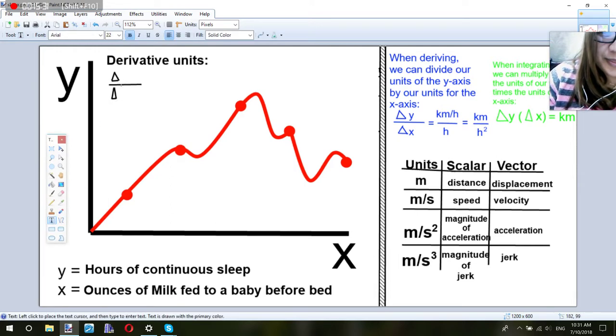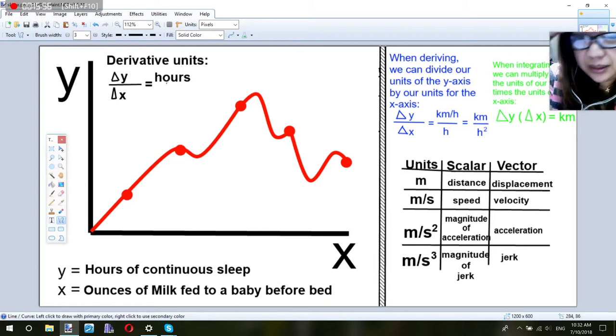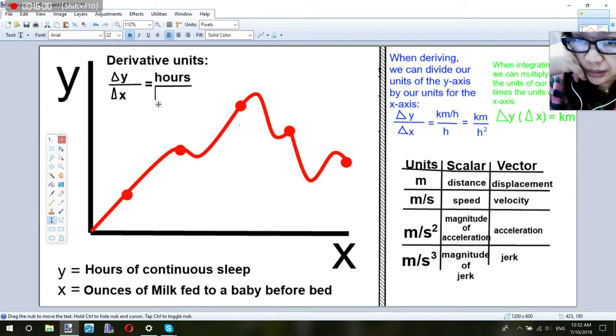What's my change in y over change in x for my units? If we make a substitution. Okay, y is hours, so my hours should be on top. Hours per what? Per ounce.